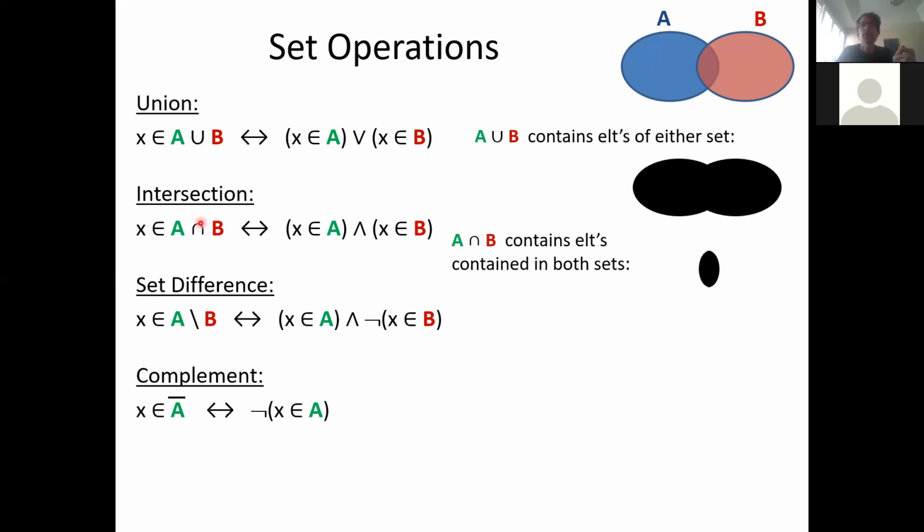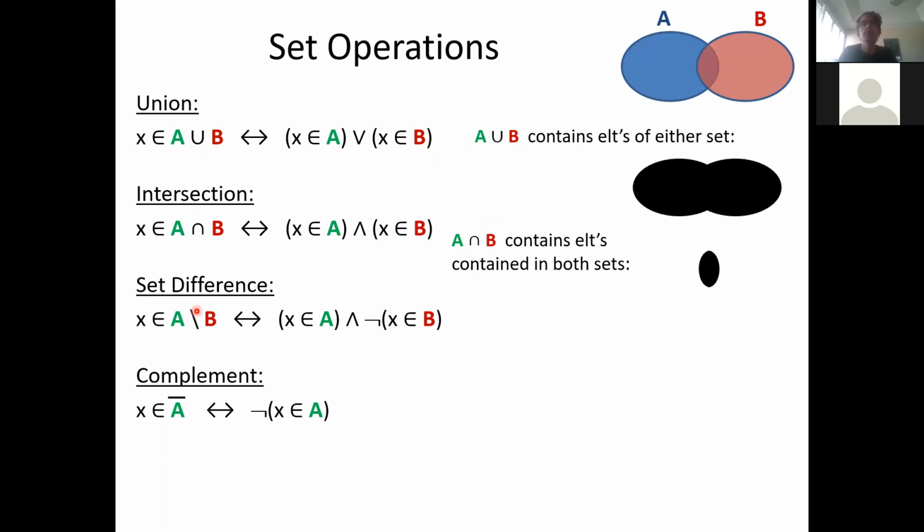And pictorially, intersection is this area, right? Those are the only elements that satisfy both that they belong to A and that they belong to B.